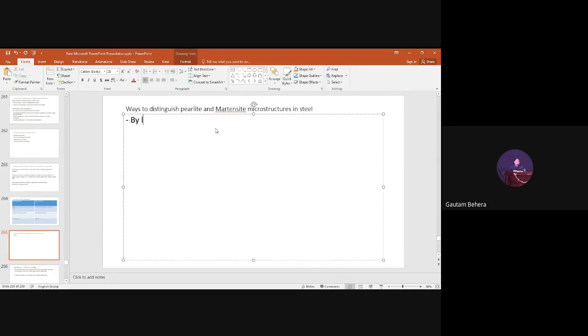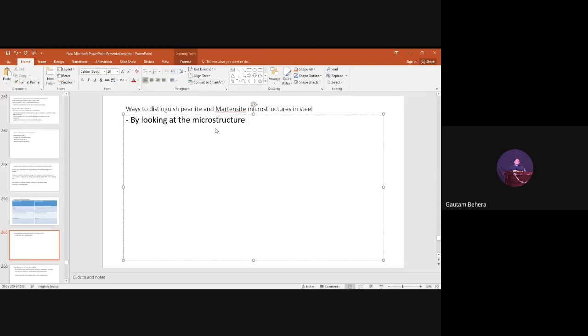Tell me quickly. Microscope. Microstructure analysis. Very good. By looking at the microstructure. So pearlite will appear as which kind of structure, and martensite will appear as which kind of structure?